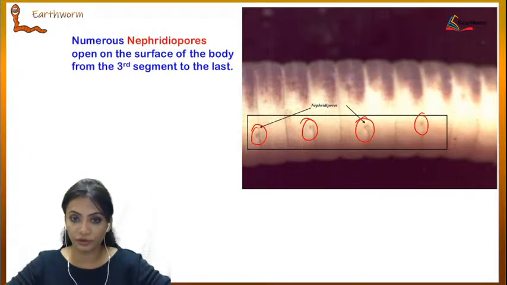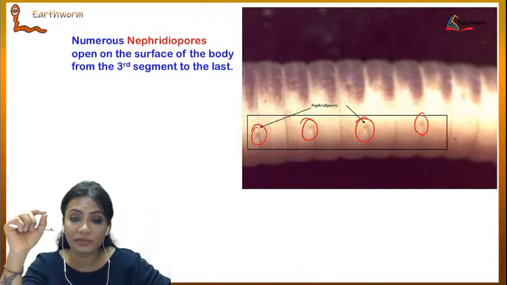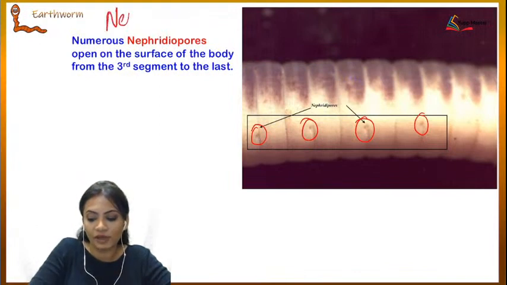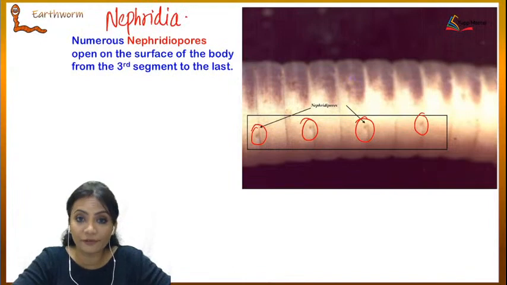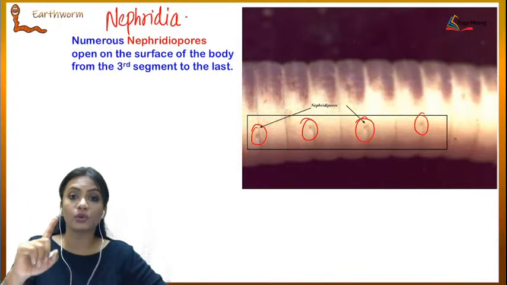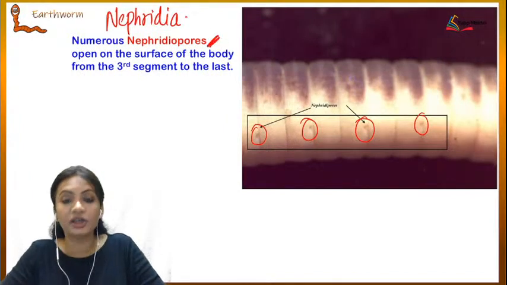Remember, in earthworms, in annelids, the excretory system is made up of tubules, and those tubules were called nephridia. All that excretory waste is going to be coming out through small pores, and the pores are called nephridiopores.